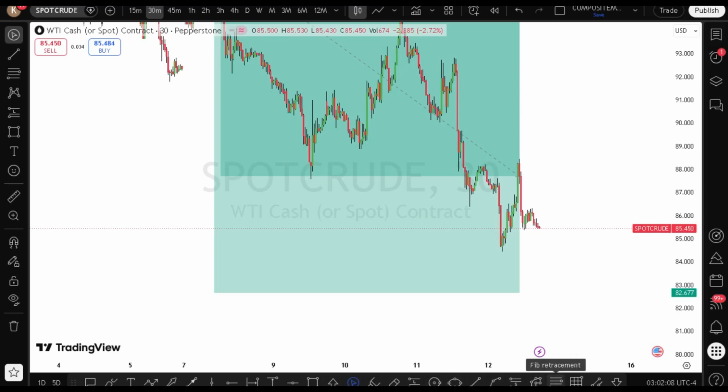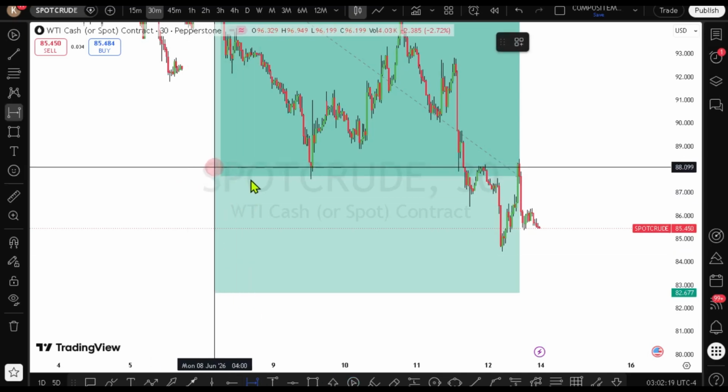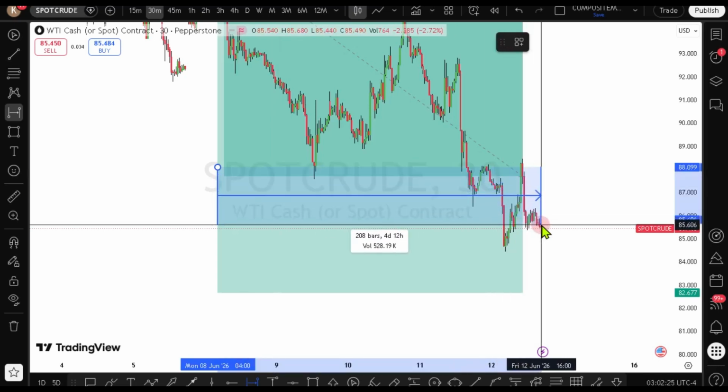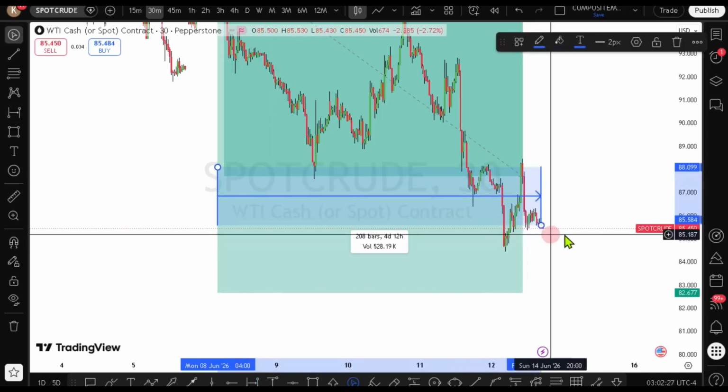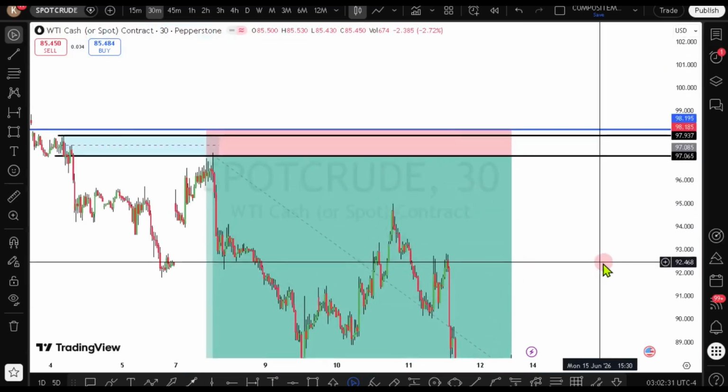Okay, it's here. Since this day, all the way to here. So 12 days actually, that's almost 2 weeks. 12 days, and I don't know if tomorrow we continue going lower.